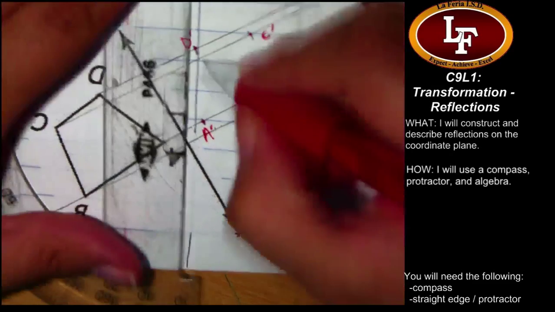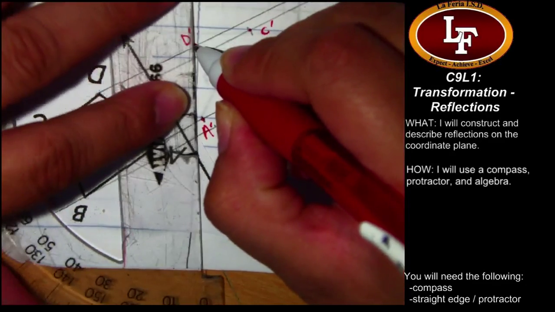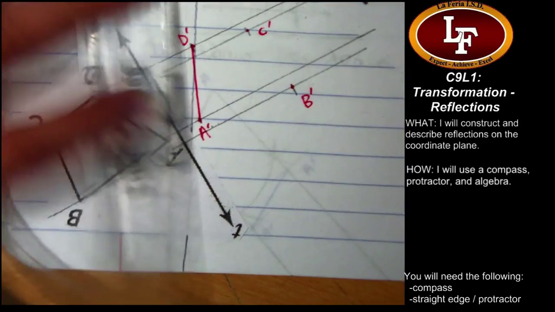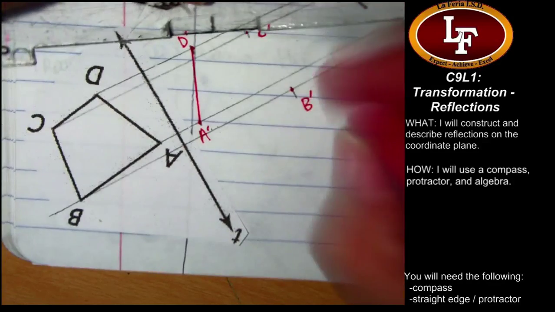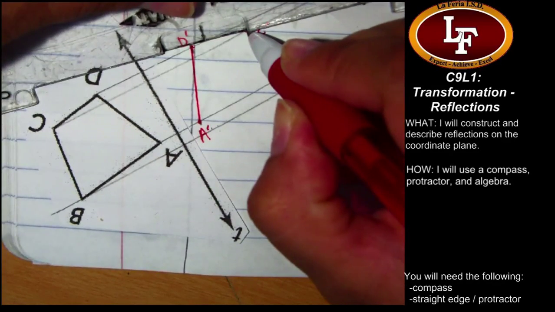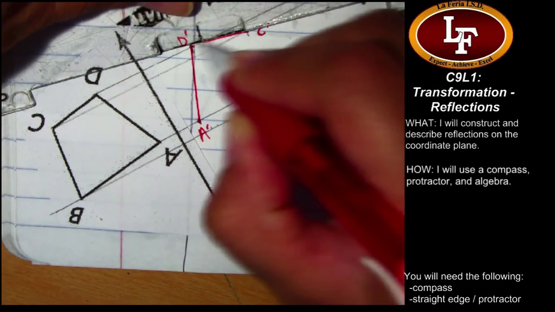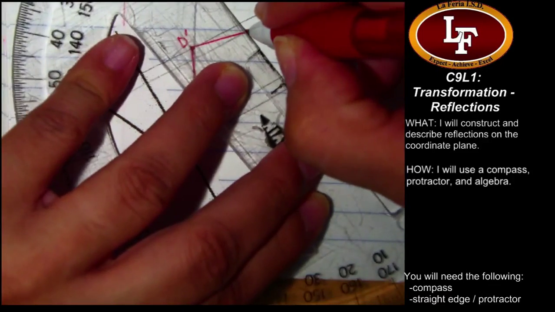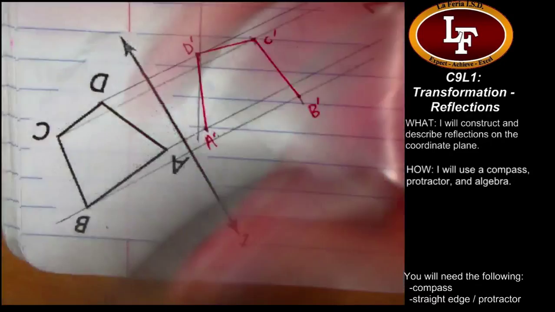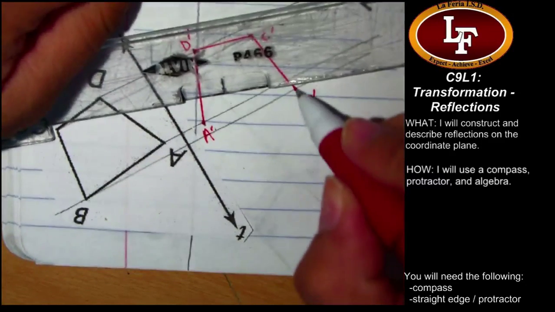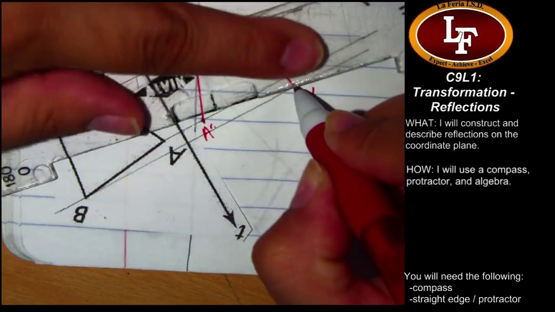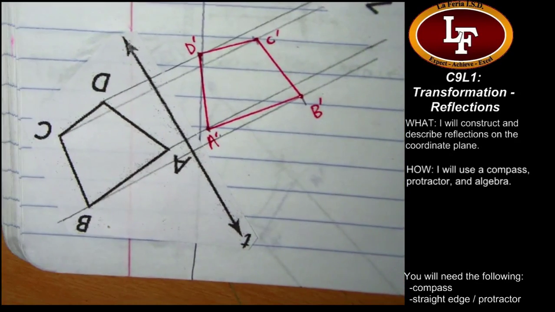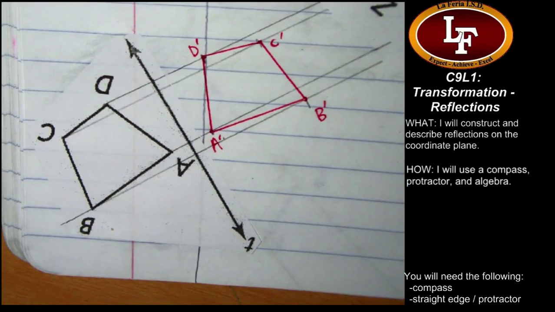Okay, we're going to write this down. Then as soon as you think you've got all the points down, connect the vertices with straight line segments. And then confirm congruence.